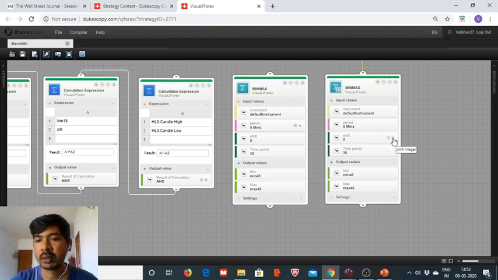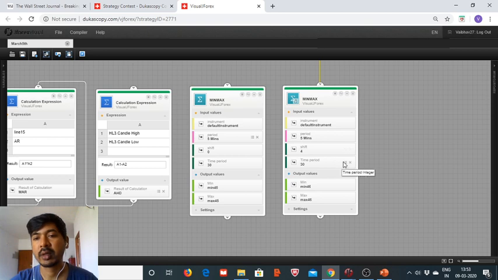We will make it shift 4. We change this time frame to 24. 5 minutes into 24 will be 120 minutes, 2 hours.